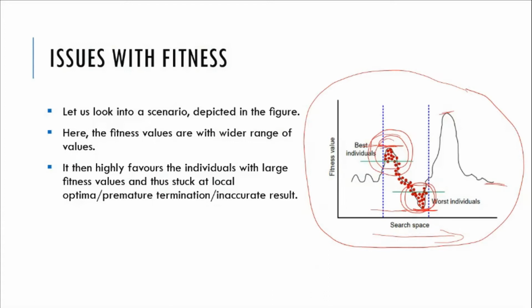So most of the time the genetic algorithm will get stuck, with the individuals stuck towards this region, and there is very little chance of an individual escaping from here and reaching the global peak. That is an issue with the fitness values, even when the range of fitness values is wide.